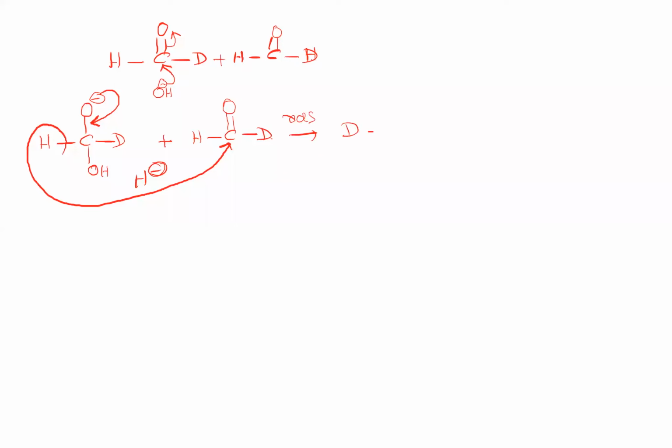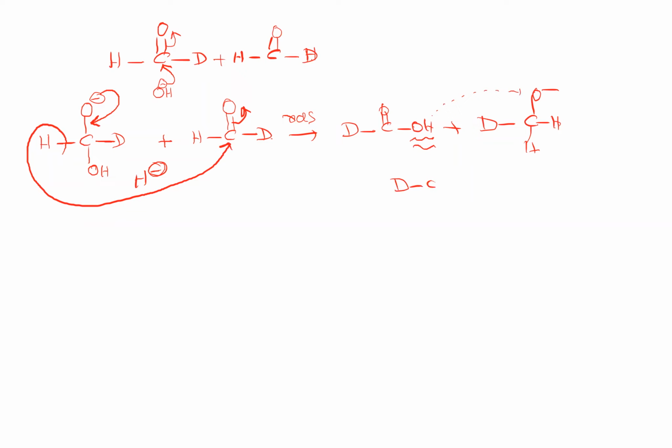So the left side one becomes D-C double bond O with OH, and the right side one will become DCH2O minus, right? Then in the next step, O minus takes H plus from the OH group of the acidic species; simply remember it as H plus transfer.